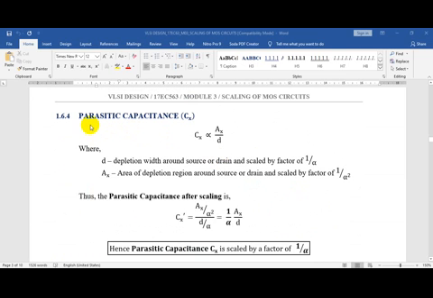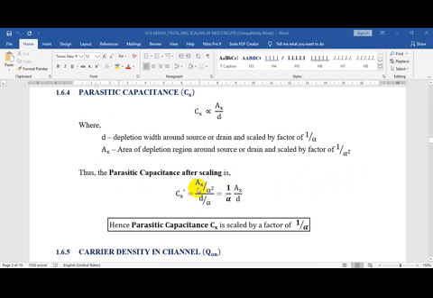The fourth device parameter is the parasitic capacitance denoted as Cx. It is proportional to AX by D. D is the depletion width around the source or the drain. Since it is a dimension, it is scaled by a factor of alpha. And we have seen earlier, area is scaled by a factor of 1 by alpha square.